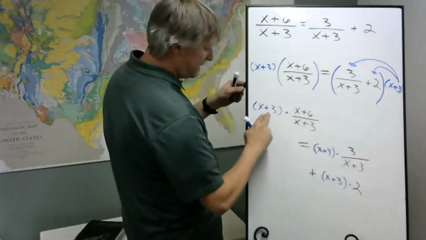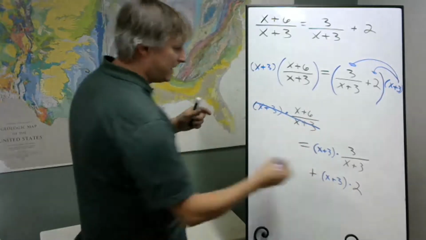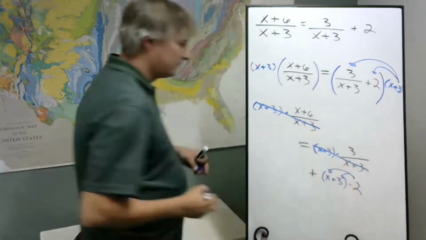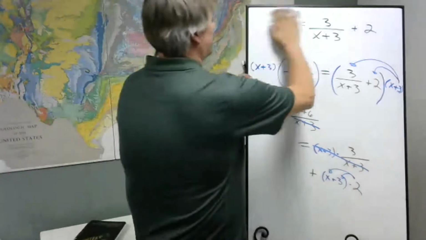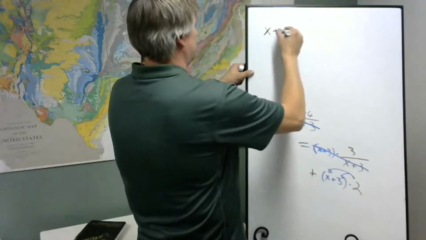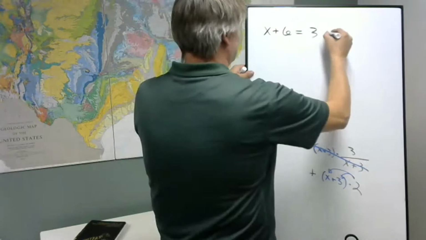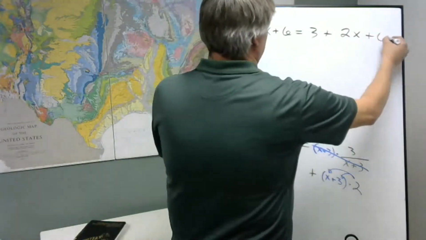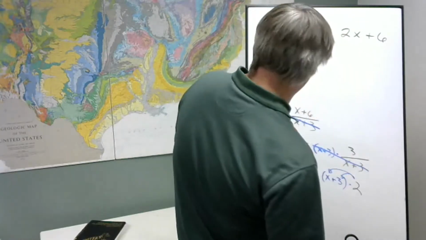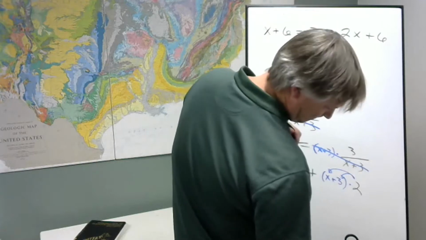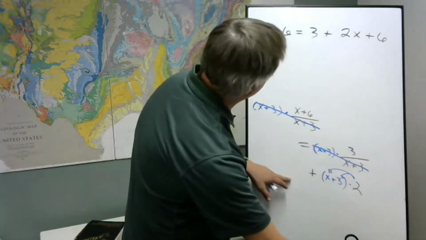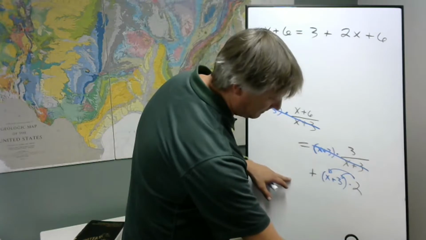and then we look for cancellations. x plus 3 and x plus 3 will cancel. And then this one, we have to distribute that too. Let's double check this real quick. Okay.